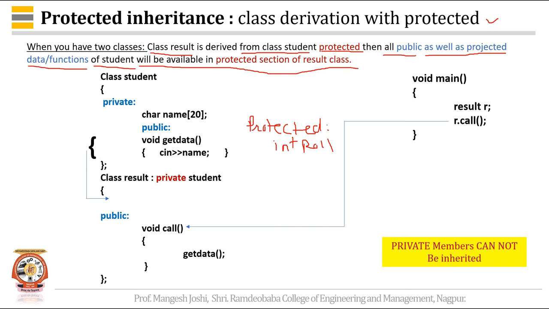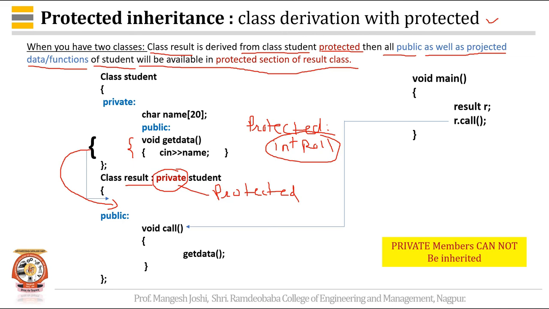So if you derive another class result in a protected way from the student class, then the public data, that is this getData function, as well as this protected data, will be available in the protected region of your class result.